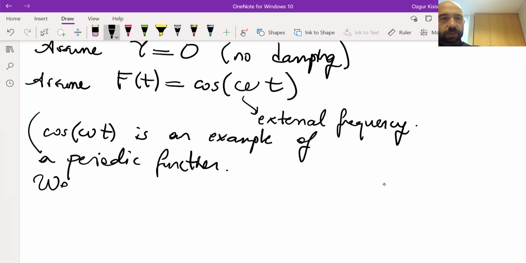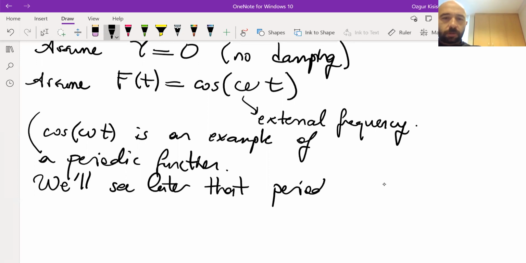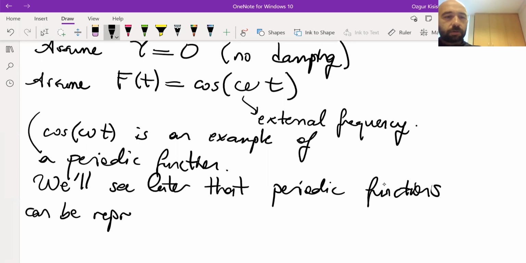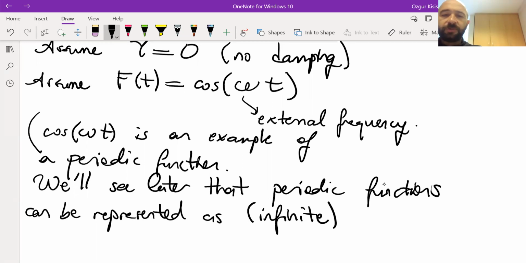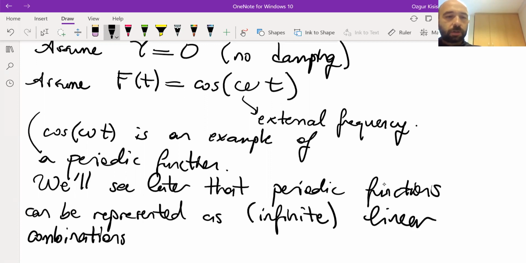So we'll see later that periodic functions, even though their shape might be very different, can be represented as sort of not honest linear combinations, but infinite linear combinations of sine and cosine functions.